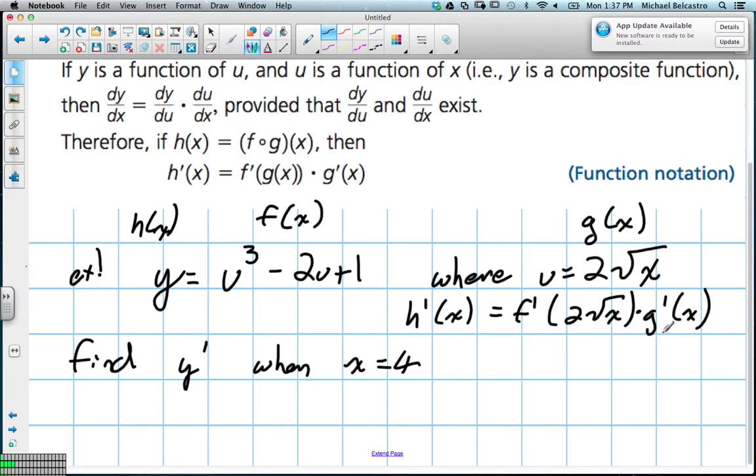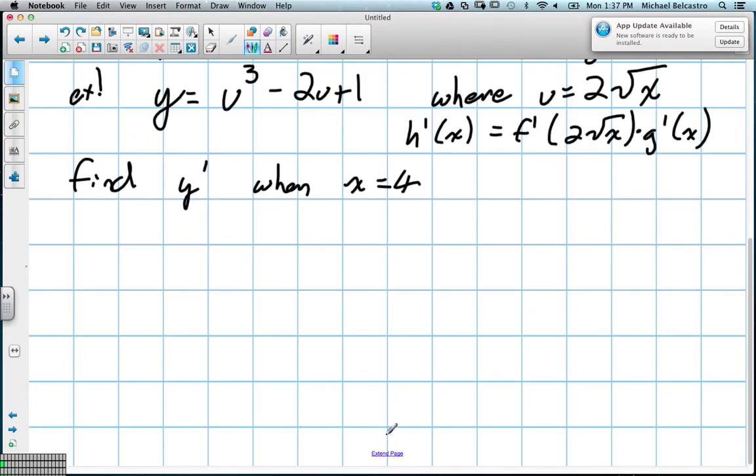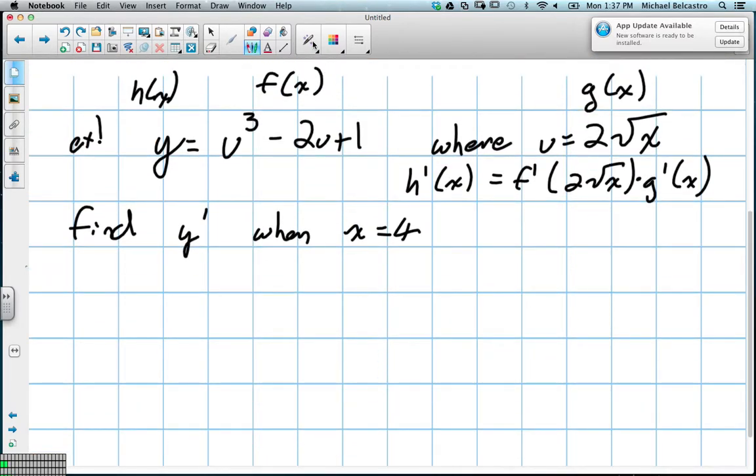Now, we can do this using two different variables, u and x, and solve for when x is equal to 4 in both. Or we could do a little bit of substitution, which might make this longer but simpler to look at. So we'll do it using their way, and then I'll show you what seems like a more logical way of doing this.